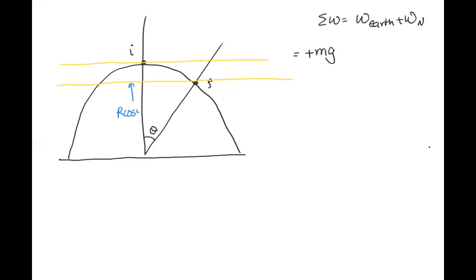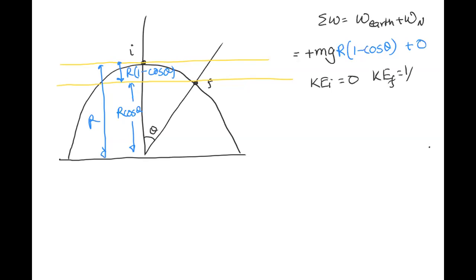R cosine theta, so this must be r minus r cosine theta, or r(1 minus cosine theta), mg r(1 minus cosine theta) plus 0. Initial kinetic energy is 0. Final kinetic energy is half mv square. So mgr into (1 minus cos theta) is equal to half mv square minus 0.